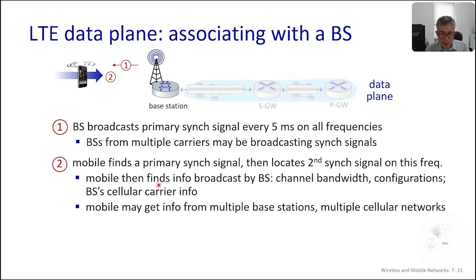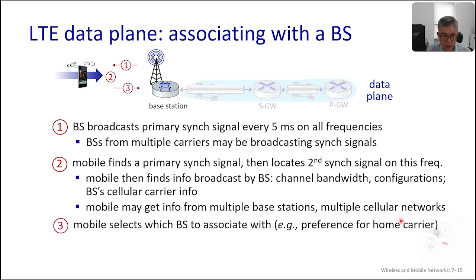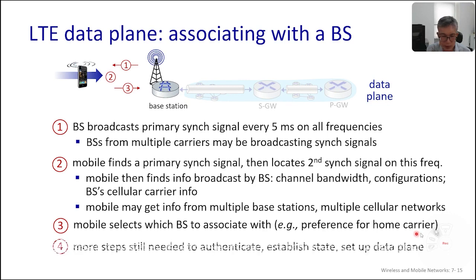A mobile device then finds information broadcast by the base station, such as channel bandwidth and configurations. The base station's cellular carrier information is also retrieved. A mobile device may get information from multiple base stations from multiple cellular networks and then select one base station to associate with, for example with a preference for home carriers. Lastly, more steps are still needed to authenticate, establish state, and set up the data plane.